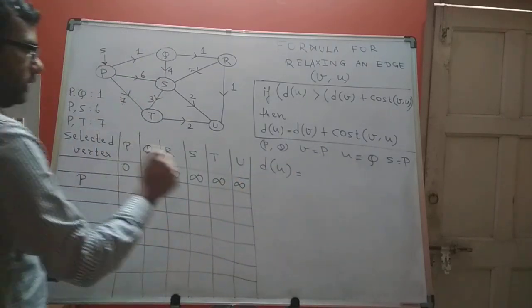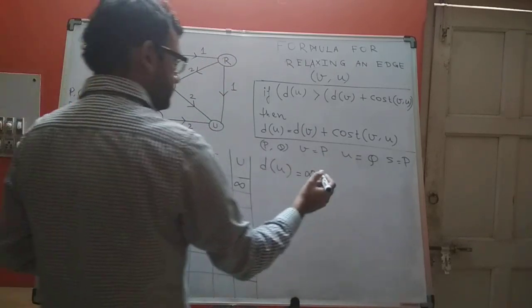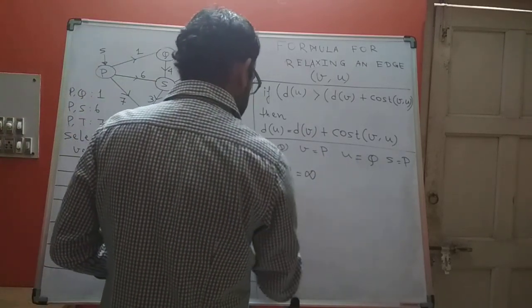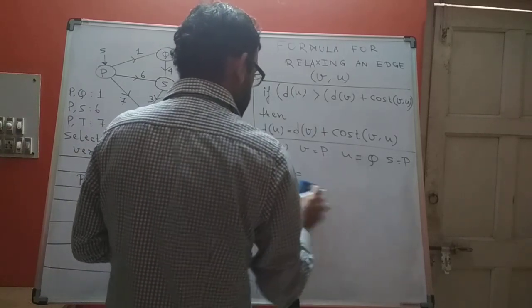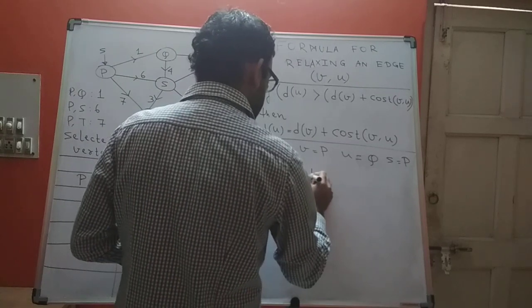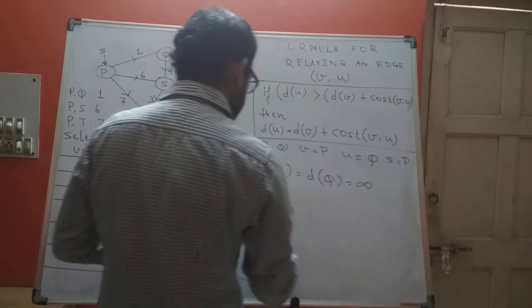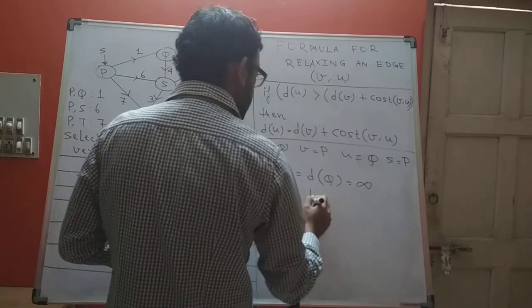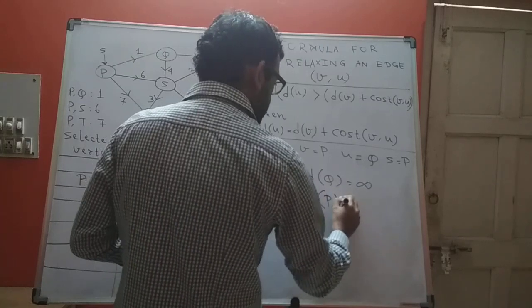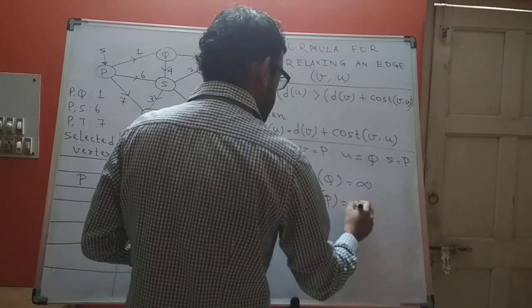The distance is infinity. So du, which is dq, is currently infinity.